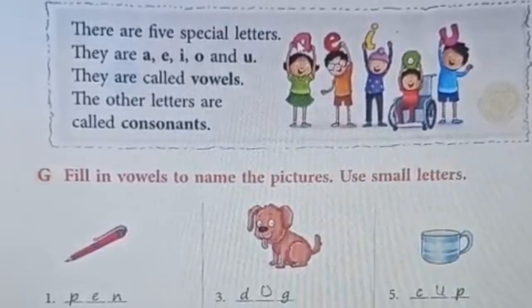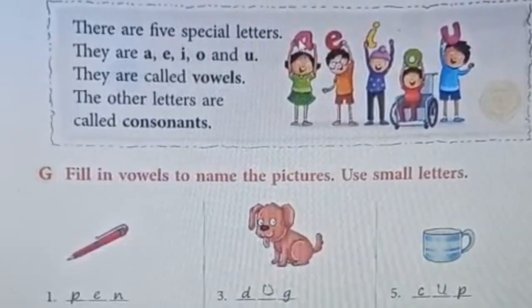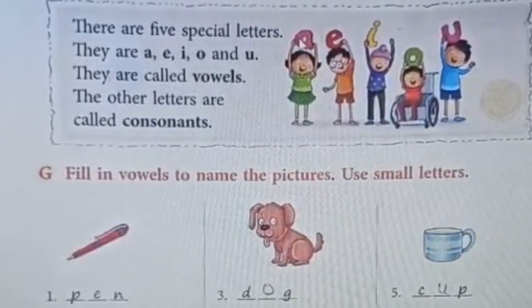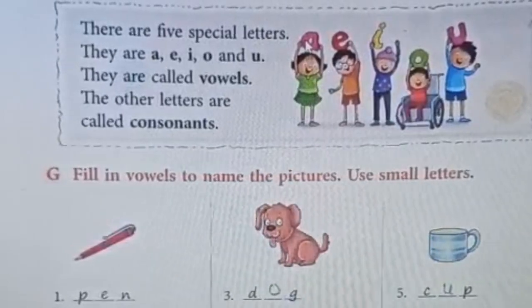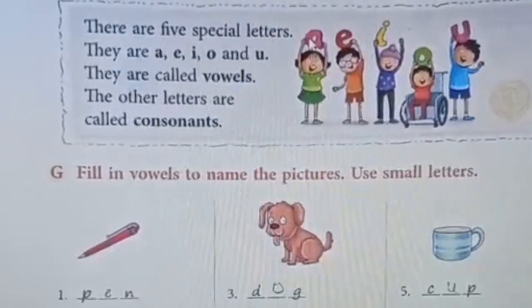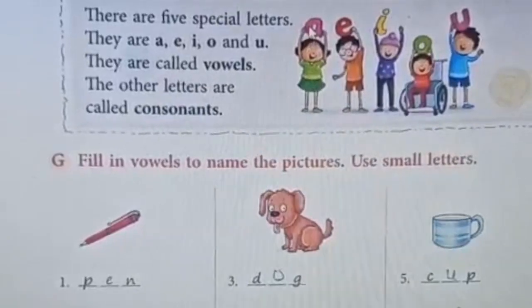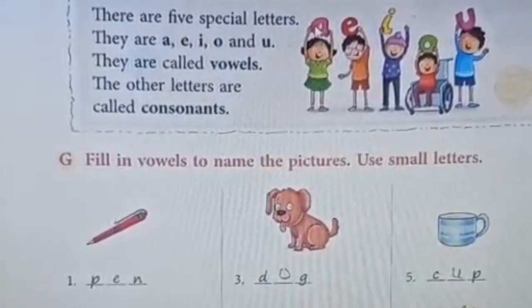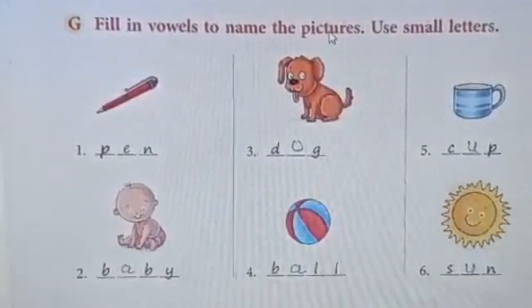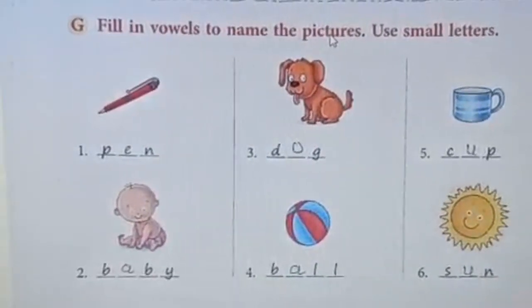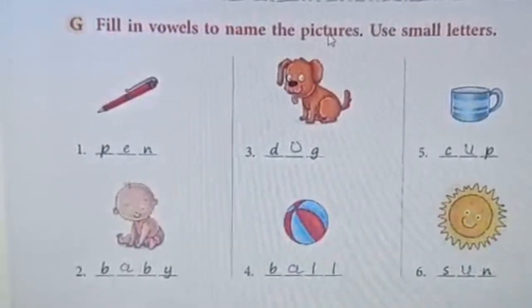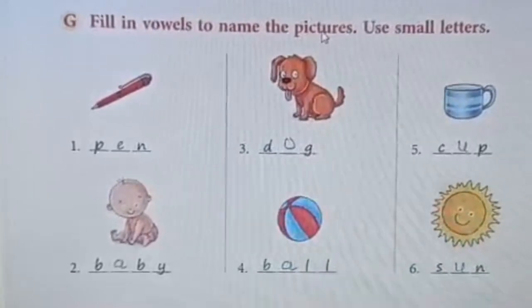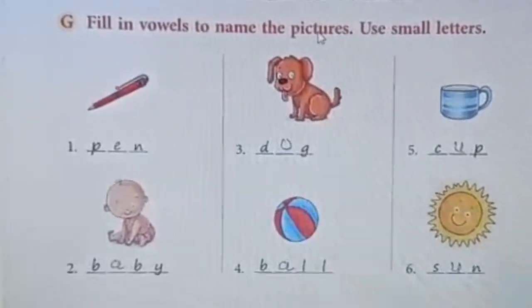So number 1, that is pen. So P and N is given. So which letter will come in between? That is E. P-E-N, pen. Then number 2, baby. B-A-B-Y, baby. 3, D-O-G, dog.